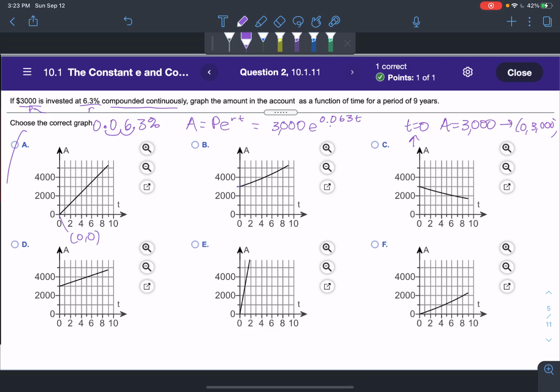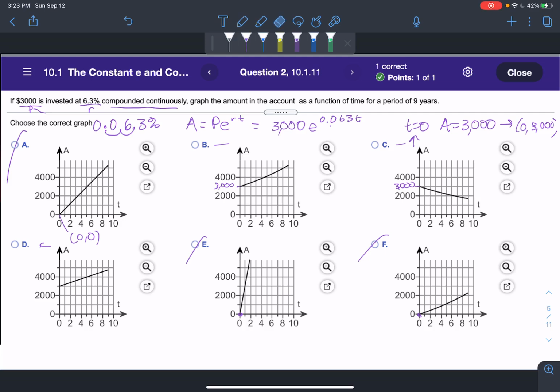This looks like it has 3,000, part B, so that's a potential answer. C, this point right here is probably 3,000. Same for D. So all potential answers. E again looks like it's going through the origin, as well as F, so I think we can throw away A, E, and F. So now between B, C, and D.